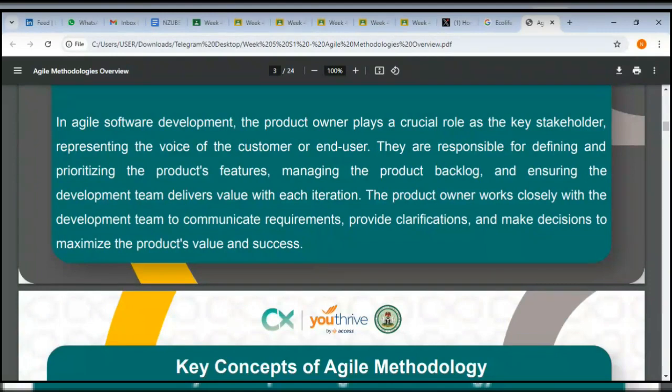So yeah, and the product owner plays a crucial role as a key stakeholder. As a product owner, you're the primary stakeholder. You have the responsibility to defend your product and to manage your product backlog. That means prioritize. The whole concept of managing a product backlog is to decide what is a priority and work on that, based on your prioritization, which is what we discussed last week and did an assignment on.